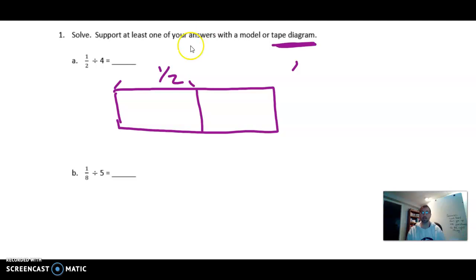But I am going to now cut it and divide it into 4 pieces. So I am going to draw 3 lines for my 4 pieces. When you have it divided into 4 pieces, we're ultimately looking for this missing piece here. What is that piece?